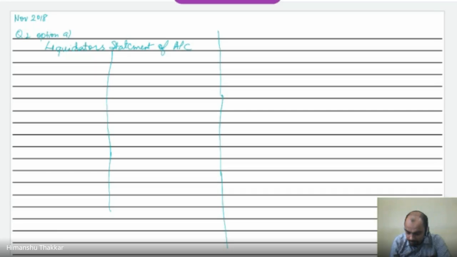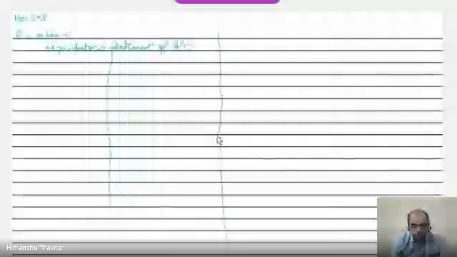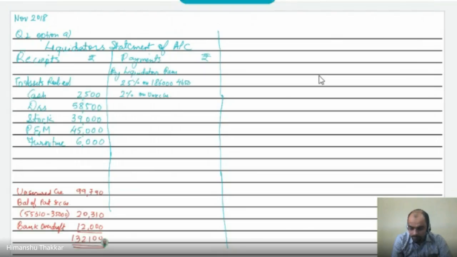Unsecured creditors are 1,32,100. Okay. I hope you are able to follow me with what I have done. Any doubts in this? Anything that you have not understood?